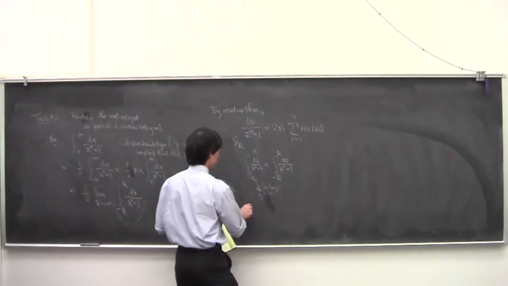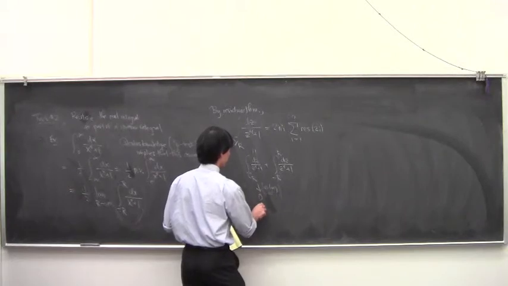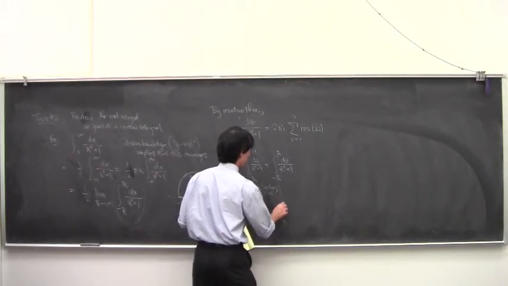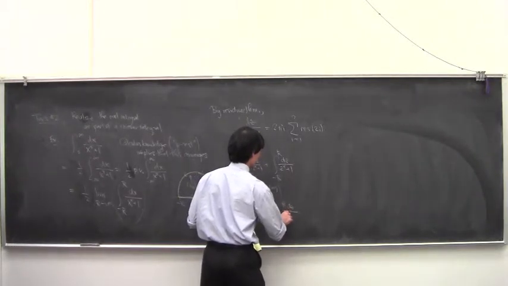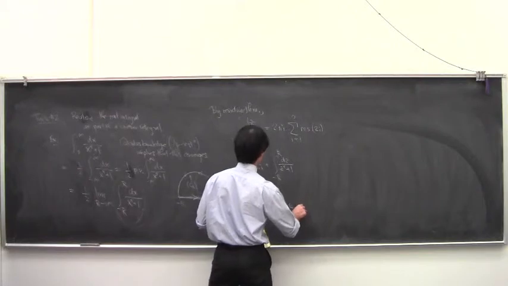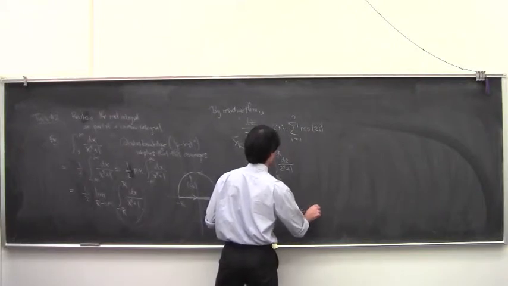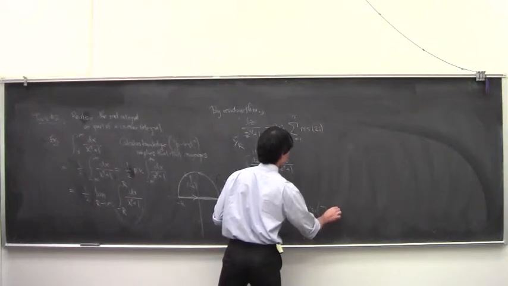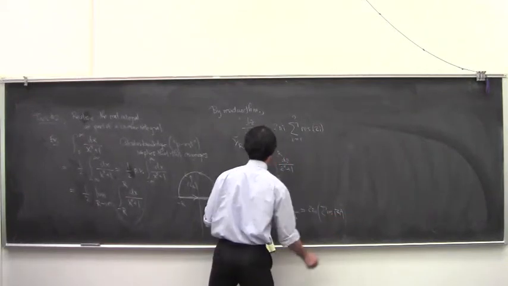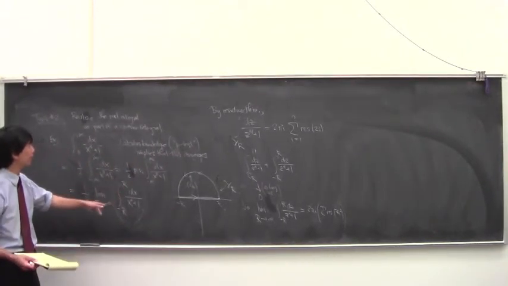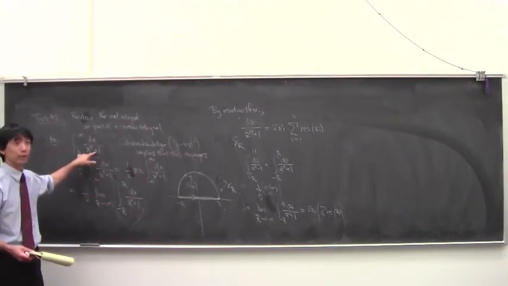So in the end, the limit as r goes to infinity, the principal value integral, just equals 2 pi i times the sum of residues, and 1/2 of that will be our integral.